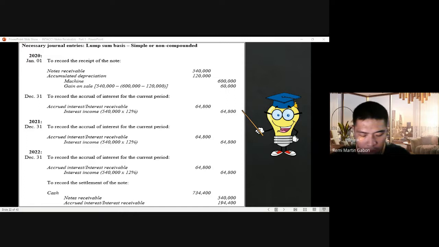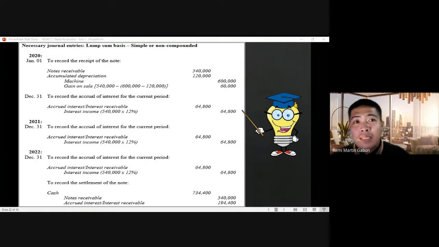That should be 64,800 plus 64,800 plus 64,800. Yan. 194,400 plus 540,000 should be 734,400. Kinukumpit ko guys, baka kasi mali yung nalagay ko dyan. So 734,400. I assume yan yung nakuha yung amount.